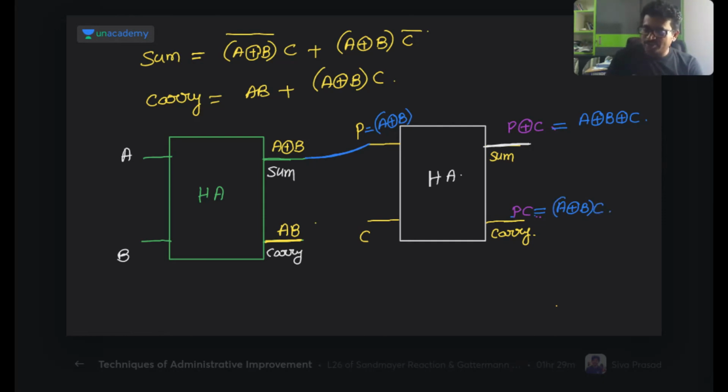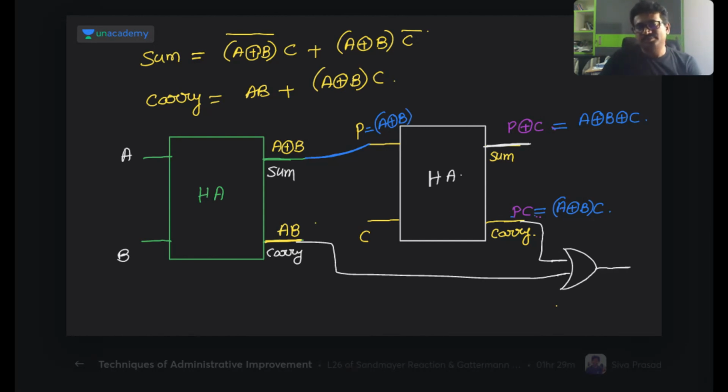Now what I am doing is, this thing and this thing I have taken like this, and these two are connected to an OR gate. Now you tell me what I will get. One input is AB, and this is the other input.